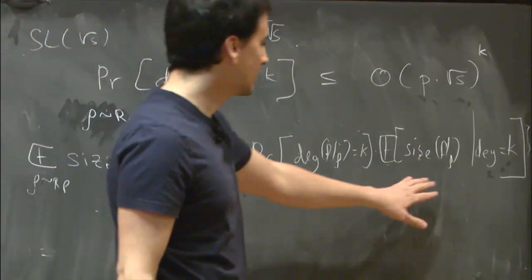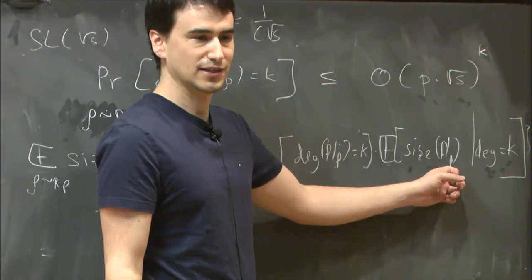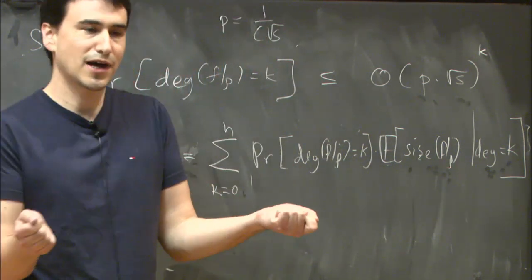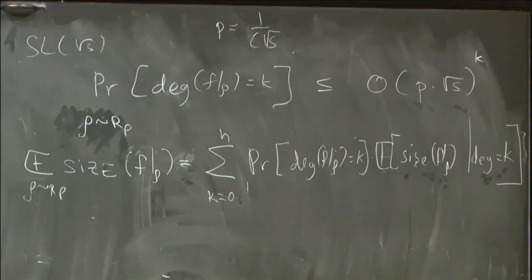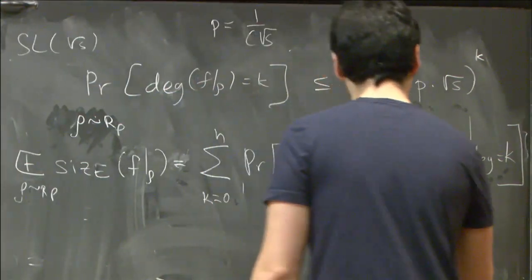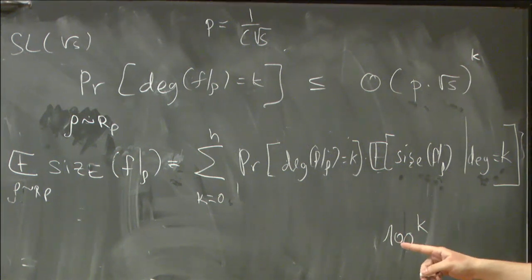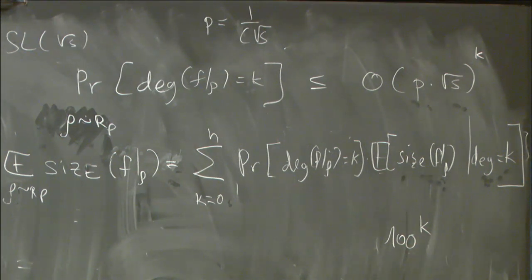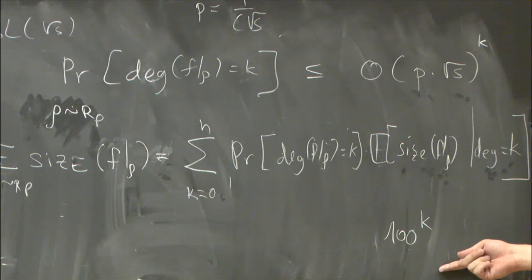So if I know this, I can write the Fourier expansion of f restricted by rho. It has a sparse Fourier expansion, and from this Fourier expansion I could write a formula of size, I don't know, 100 to the k. I don't really care about the constant here, so I can allow myself some slack. The Fourier expansion was with 4 to the k terms, and I can write quite easily a De Morgan formula of this size.